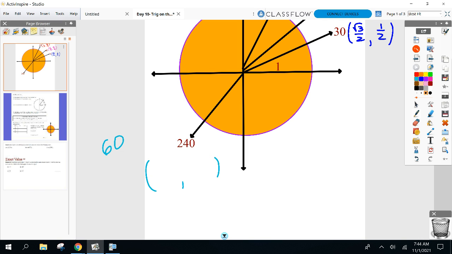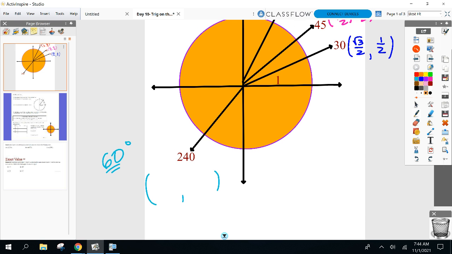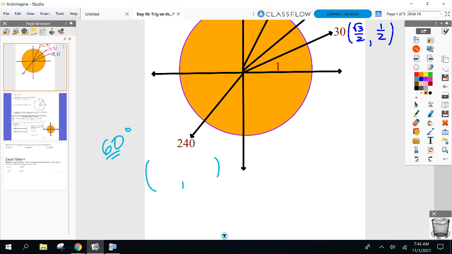Okay, so 60 degrees. So now I say to myself, what's the coordinate at 60? We just went over it: 1/2, radical 3 over 2. The only thing you have to pay attention to, because I'm not in the first quadrant, is the signs. If I'm in the third quadrant, the x's are negative and so are the y's. So that's the coordinate at 240.